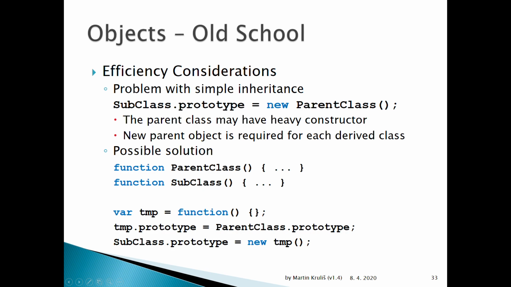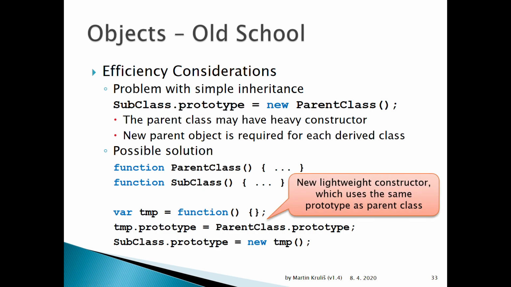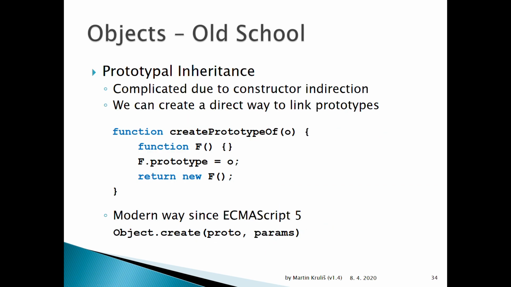In this case, the derivative class will still hold the same prototype chain, so the prototype will point to something that has the prototype of the parent class, so the prototype chain won't be broken. However, the object which resides in the prototype will be much lighter than in the case of regular inheritance, where you instantiate directly the parent class constructor. We can generalize this approach and create a specific function for this.